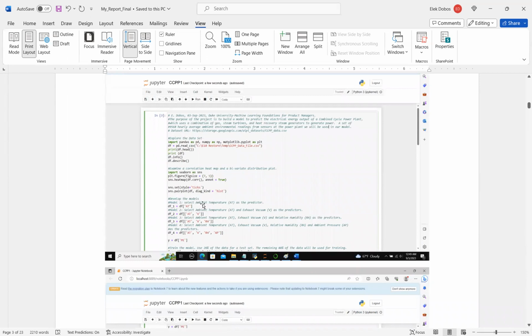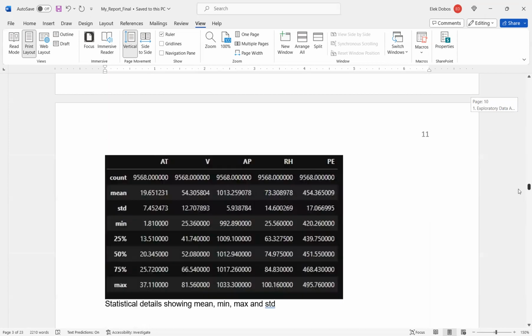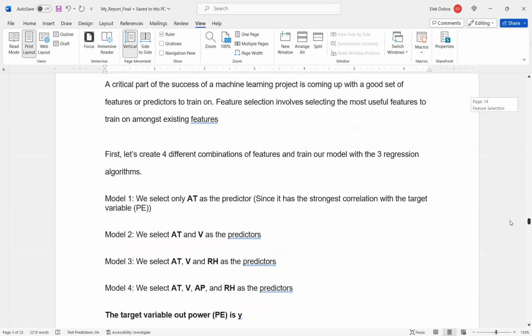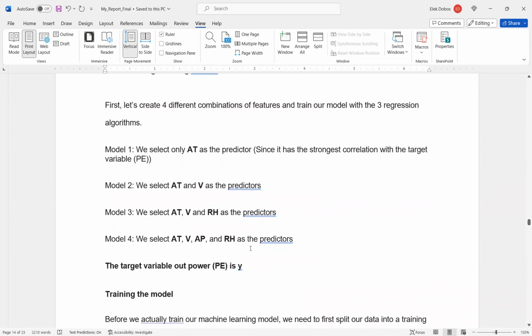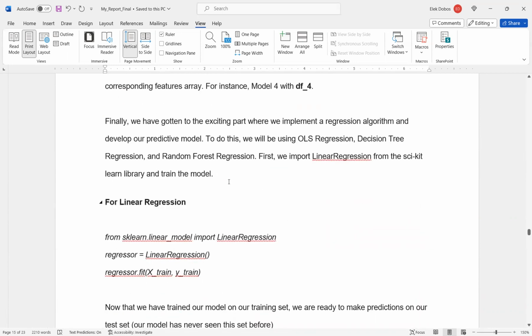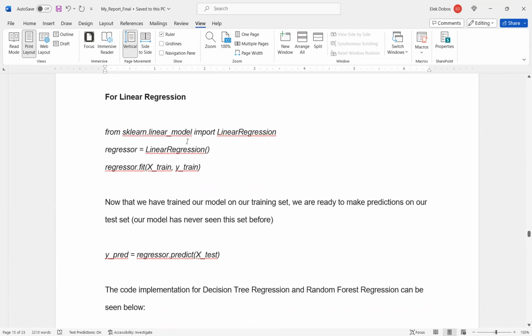Yes, so here I develop my models with my different feature sets, right here in the screenshot. Ambient temperature; ambient temperature, exhaust vacuum; ambient temperature, exhaust vacuum, relative humidity; and ambient temperature, exhaust vacuum, relative humidity, and ambient pressure. Okay, so we had linear regression.